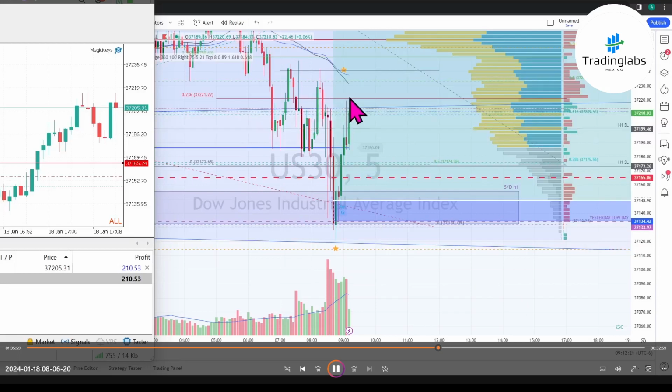Okay, we are arriving almost to my 1 hour high. Remember? I was planning to close it there, but as I saw a lot of volume, I went greedy and wanted to hold it more.